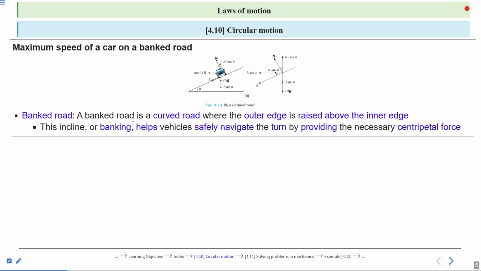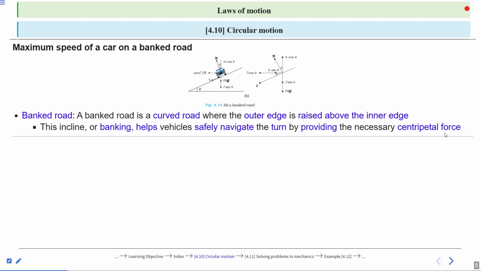This incline or banking, with inclination angle theta, helps vehicles safely navigate the turn by providing the necessary centripetal force. Here theta is the inclination angle, and this helps vehicles safely navigate the turn, and the force is centripetal force.